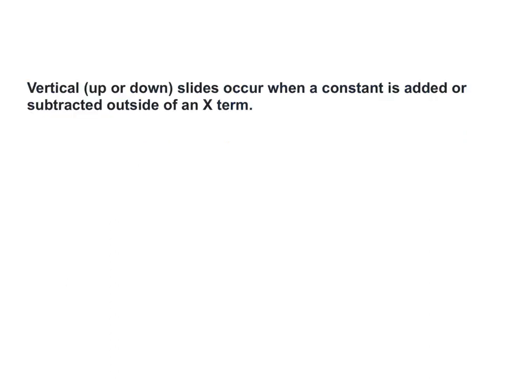So, when I have a vertical, in case you didn't know what vertical meant, up or down. If I have a vertical slide, it occurs when a constant is added or subtracted outside of an x term. And I'm using this, I might as well have written it like this, outside with quotation marks. I think it's easier to understand what that means with examples.